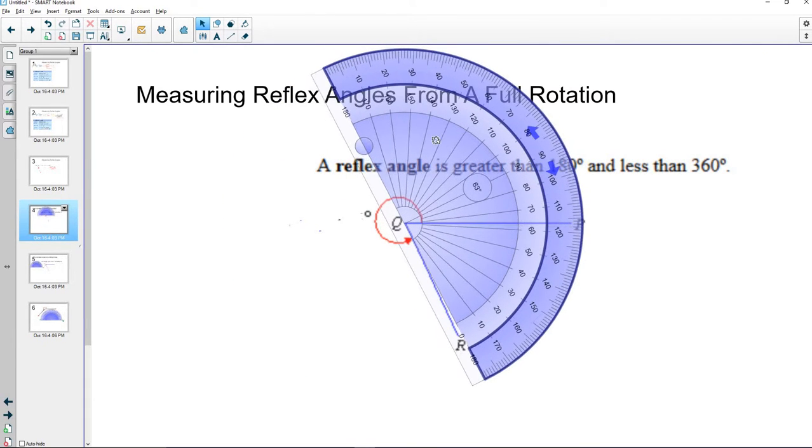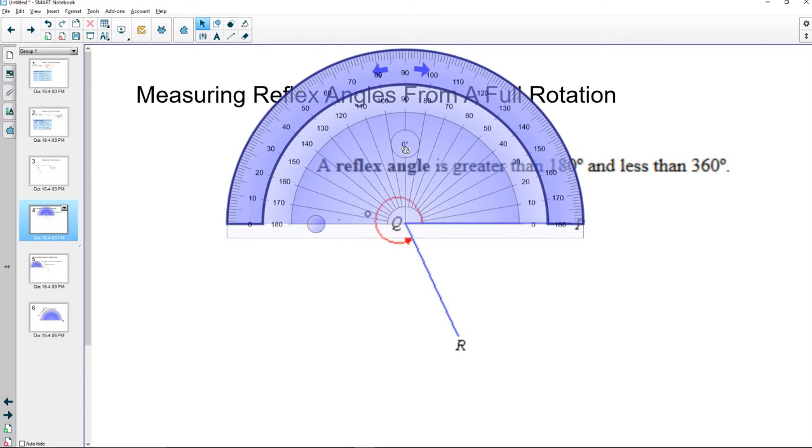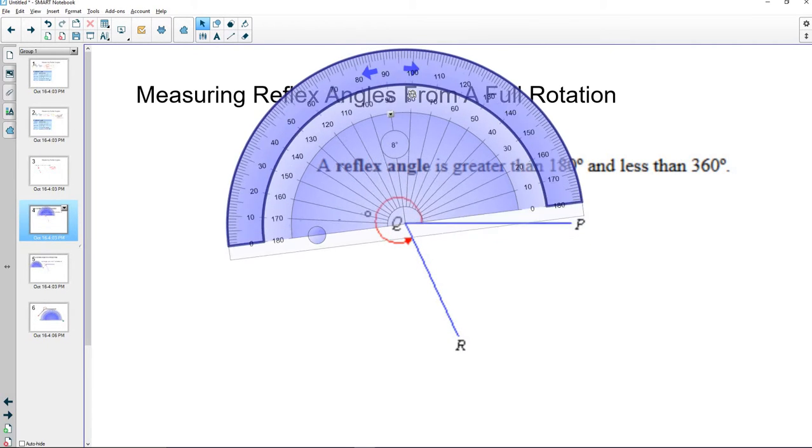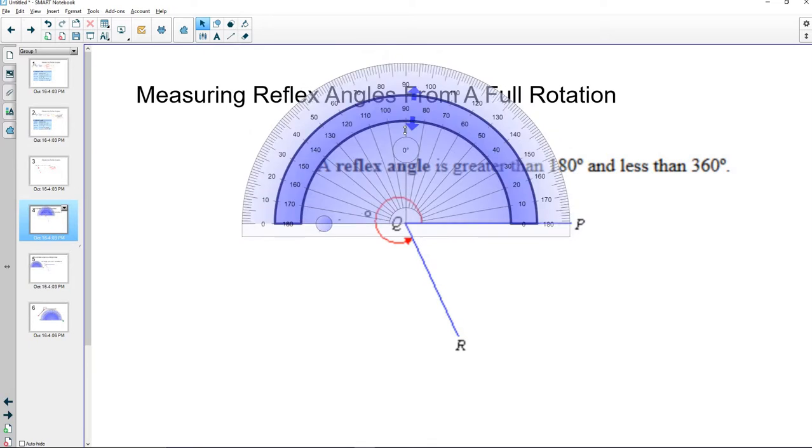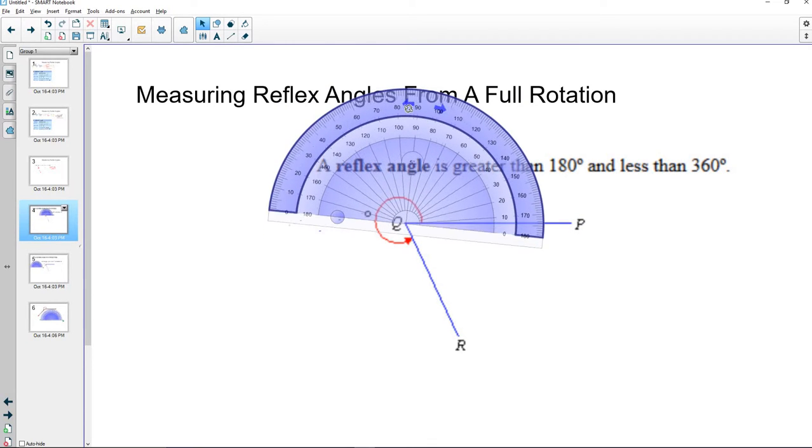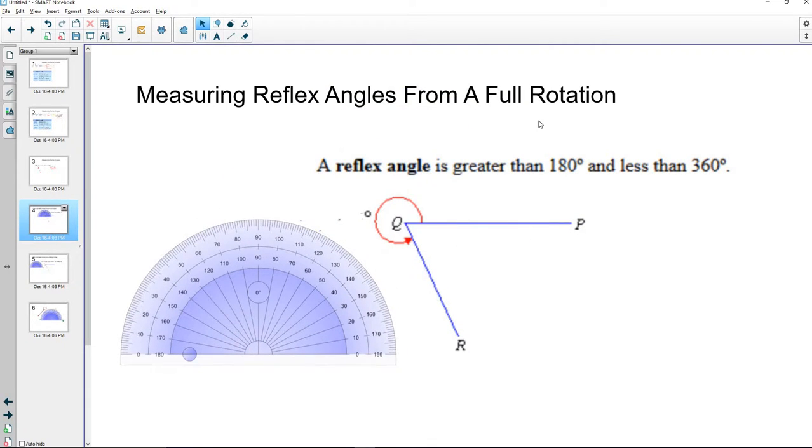So, next of all, I'm going to explain how we can actually find it using subtraction. Okay, so we already know that reflex angles are less than a full rotation. So let's look at what other angles we can measure using this protractor.